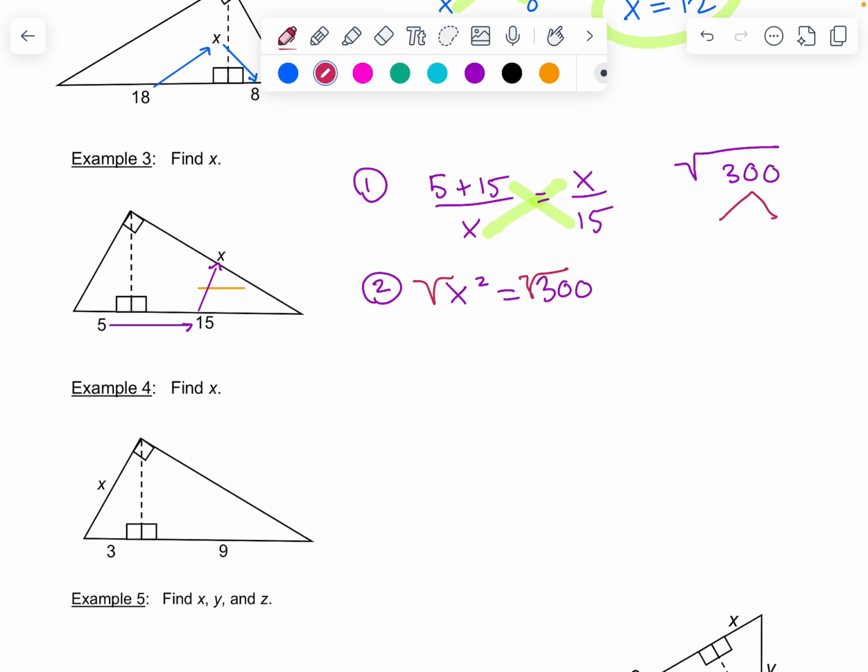And there's a pretty large perfect square that will work perfectly for this one, and that's square root of 100. And I know the square root of 100 times the square root of 3 would give me the square root of 300. Square root of 100 is 10, and root 3 cannot be simplified down any further, so that's just our answer. X will equal 10 root 3.